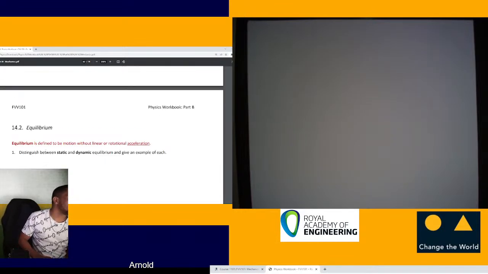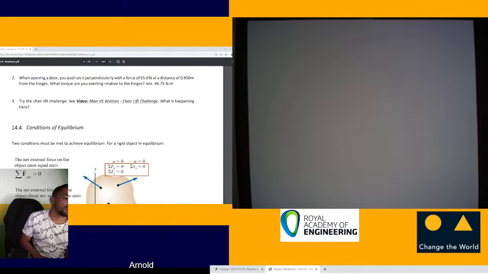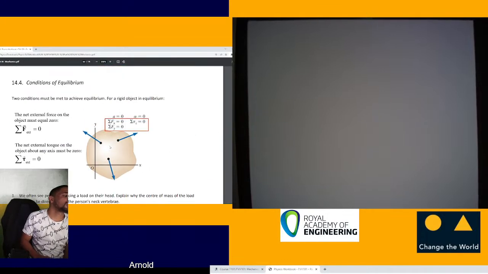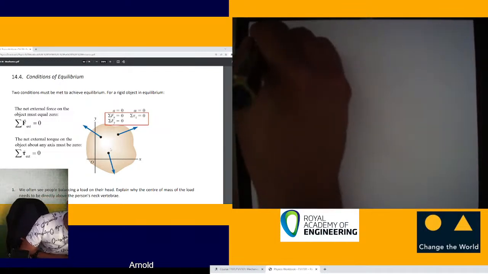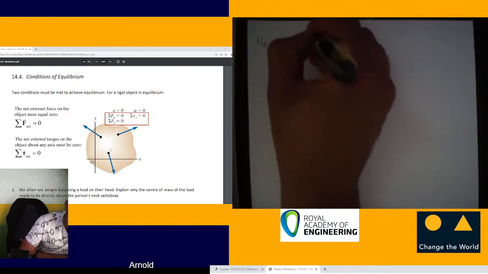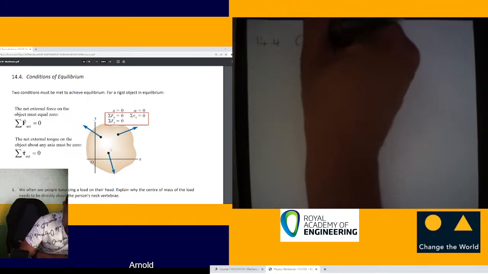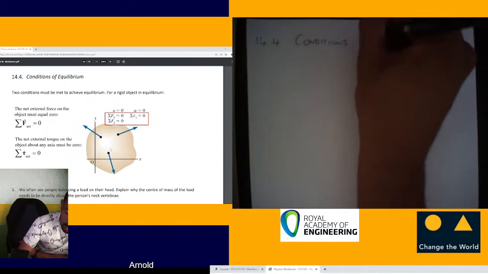It's defined to be motion without rotational or linear acceleration. That is equilibrium. So what are the conditions for equilibrium? These are the conditions of equilibrium.